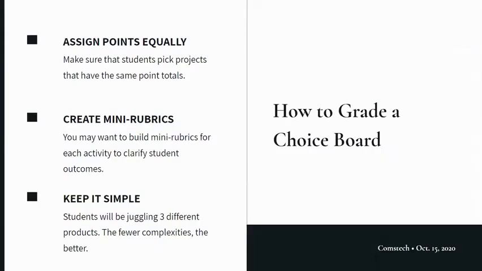Again, part of creating choice boards is grading them, which can be a little overwhelming because you have 9 different products that could be submitted. So again, some keys: assigning points equally, making sure that the students pick projects that have the same point totals, and with that, the same amount of work.